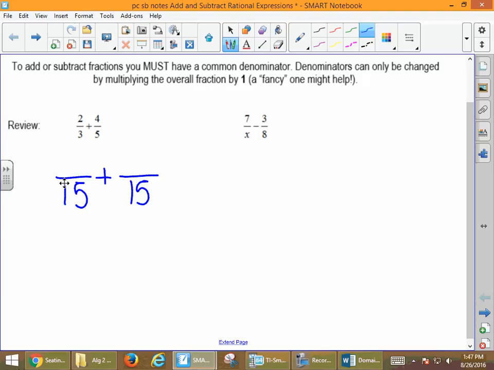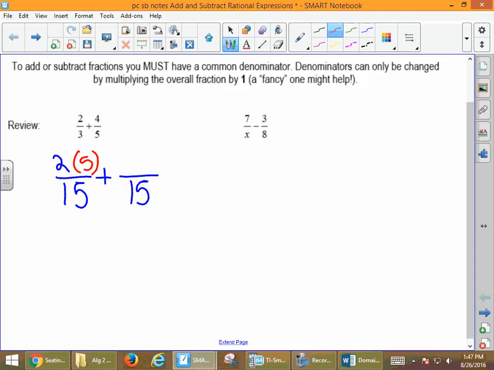But because we just changed each denominator, we're going to have to change the numerator also so that we have the same values here. And what we did to get the 15 is we multiplied 3 by 5. So we need to also multiply 2 by 5.